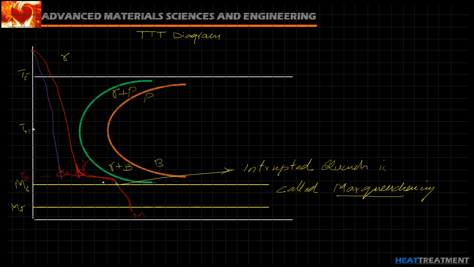And once the temperature is held at this level for a certain period of time, after that again further cooling is performed to transform it to martensite. So the problem of residual stresses and the quench cracks is removed by this heat treatment process known as Mar quenching.